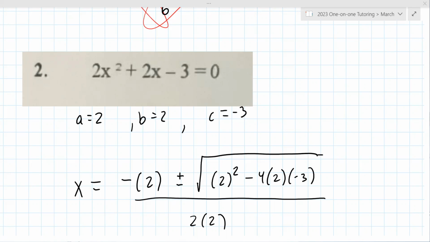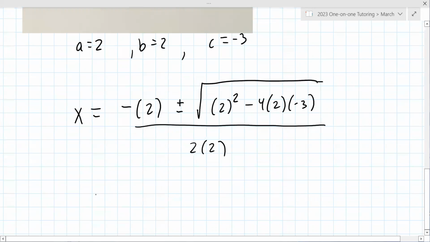Plus 24. Okay, 4 plus 24. So what does that become? Oh yeah, 28. Good. So this becomes -2 plus or minus the square root of 28 over 4.